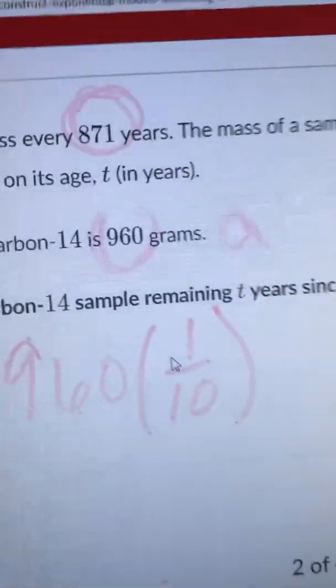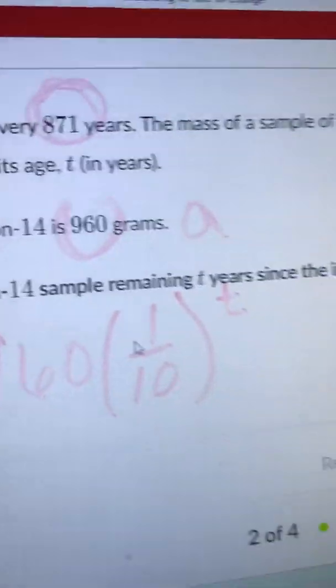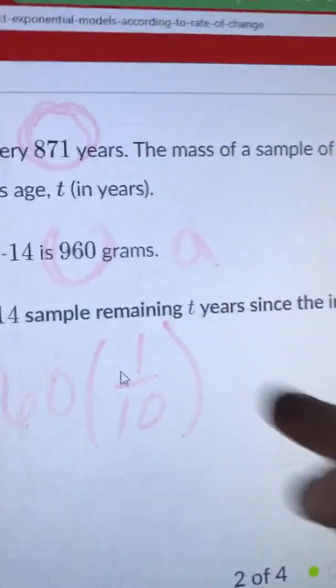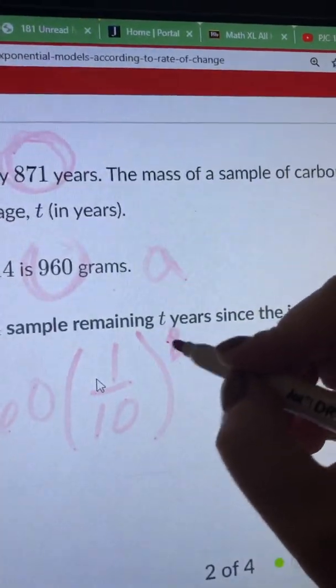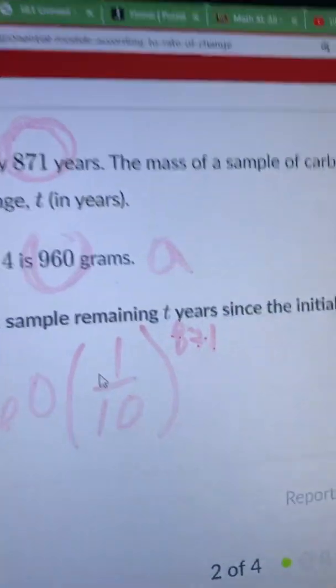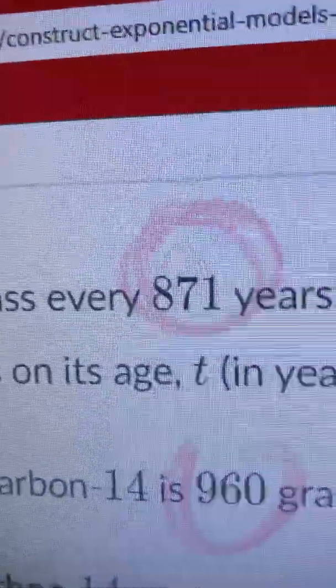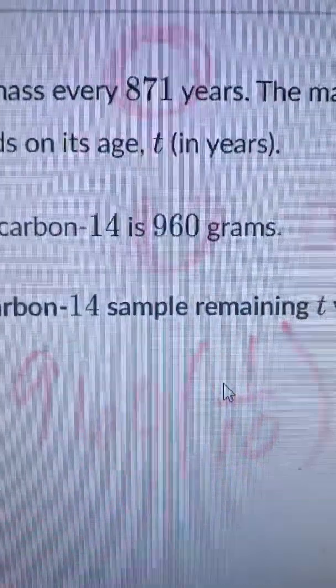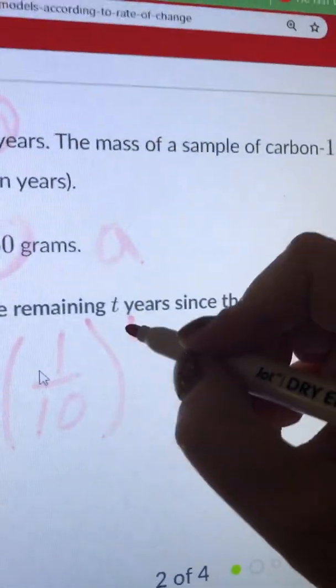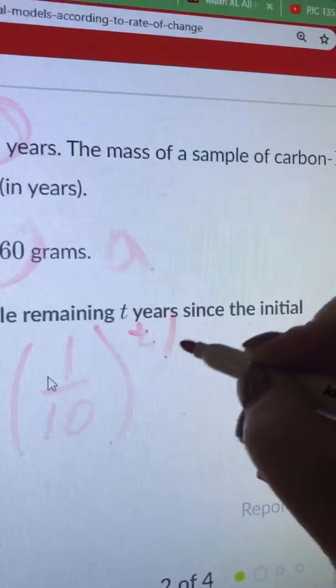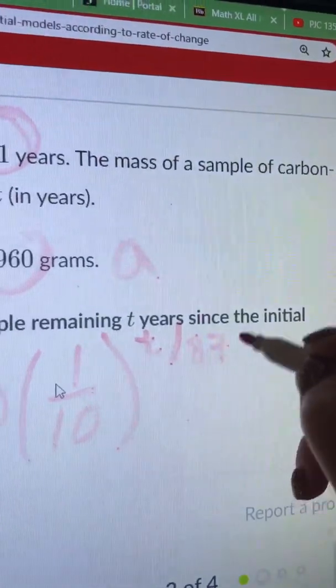But we're not going to put just plain old T up in the air, nor are we just going to put 871 up in the air. Since it tells us when it loses 1/10 of the mass, this is where we do T divided by 871.